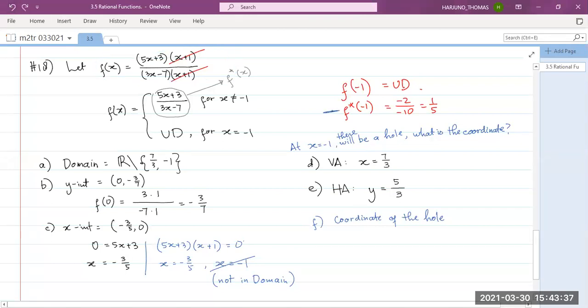You use f star of -1, the x equals -1 that you canceled, and put it there. That will be the hole. So that will be 5 times -1 plus 3 over 3 times -1 minus 7. That's -2 over -10, which is 0.2. So the coordinate of the hole will be (-1, 0.2).